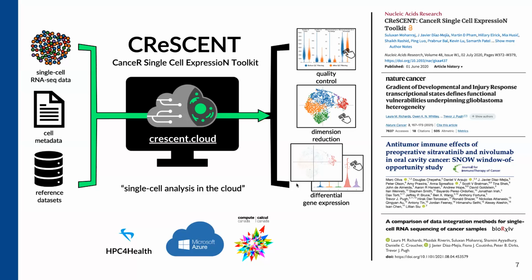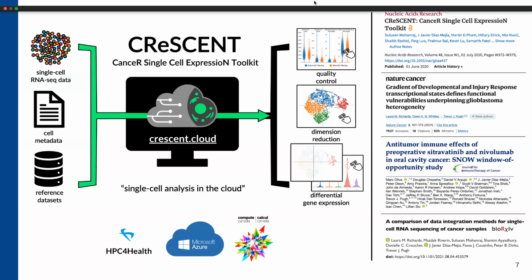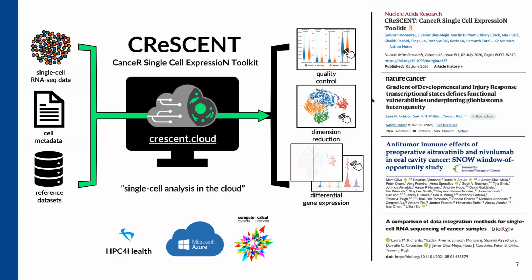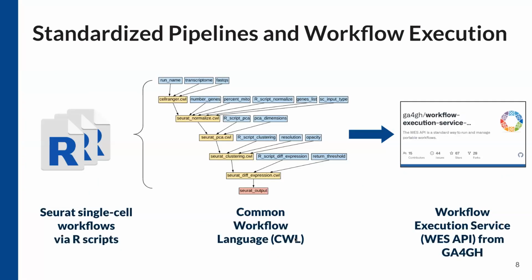Normally you would stack these plots against each other in R, and instead we're trying to show that all in one web app. So that's some of the things that Crescent has done. There's a bunch of other papers if you want to go snoop through the NAR paper.